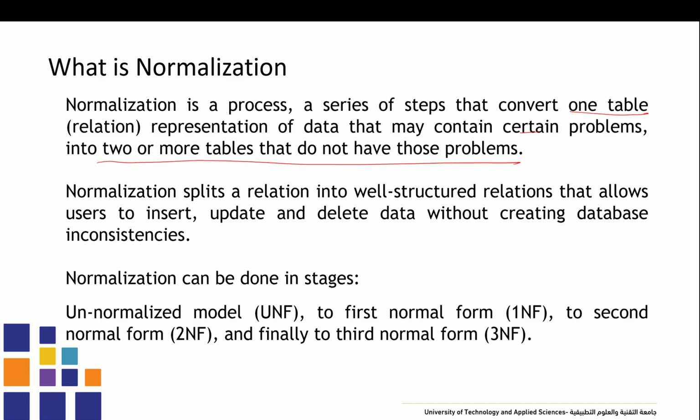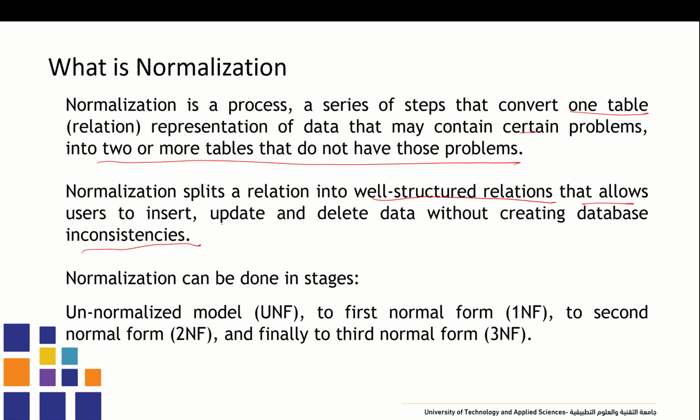So normalization is a sequence of steps which converts one table into two or more tables, and those tables will not have any anomalies at all. Normalization splits a relation into a well structured relation that will allow you to insert, update and delete data without creating database inconsistency. So without any inconsistencies, it will allow you to insert, update and delete the data from the table. This is called normalization.